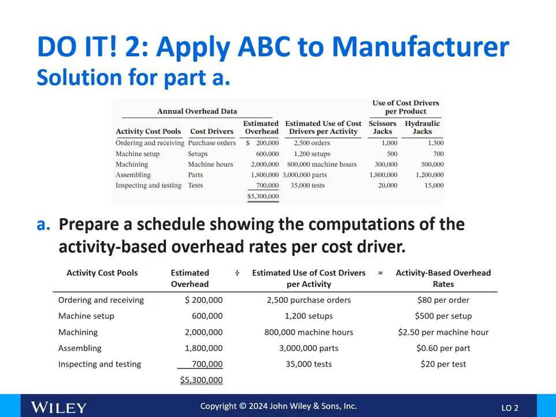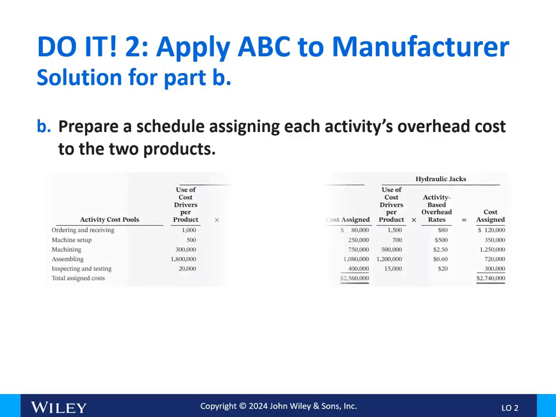Now we'll take those rates and apply them to each product's activity. So the $80 per order applies to scissors jacks and hydraulic jacks based on their use of those 2,500 purchase orders. And that's what this looks like.